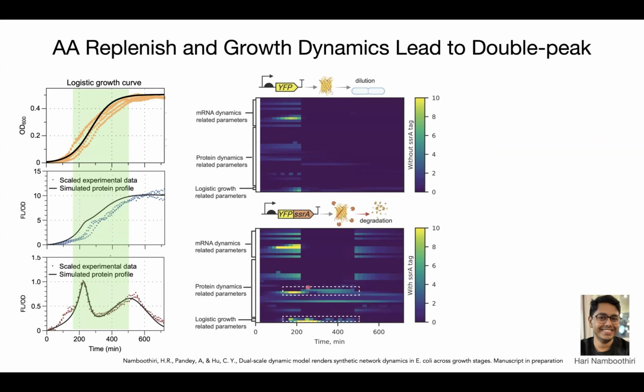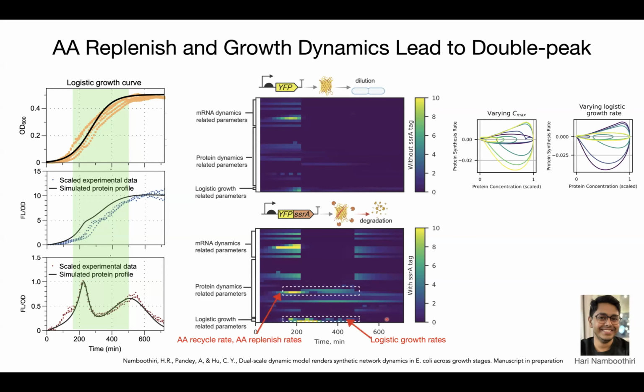We found that in the region where the double peak is happening, there are 4 parameters that stand out: the amino acid recycle rate, the amino acid replenish rate, and these 2 are the logistic growth rate. We then took these 4 parameters and checked them on the phase diagram. This phase diagram tells us how many peaks there are in this dynamics.